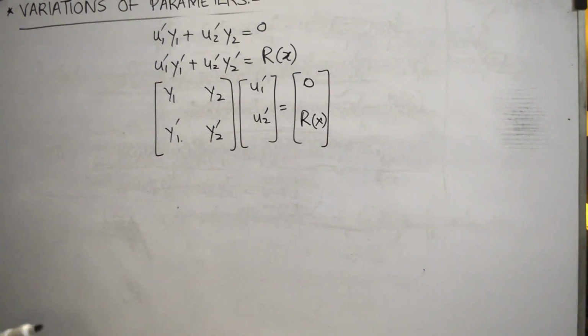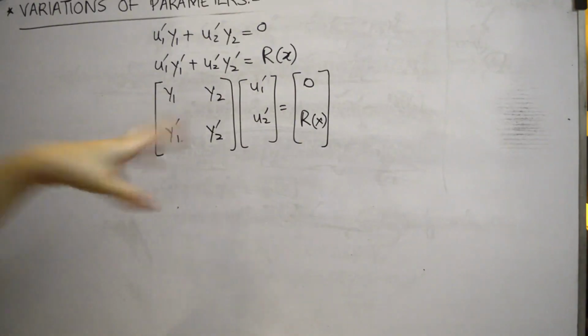Simple rule is this: you can use any method, simultaneous equations or echelon form or reduced echelon form, but I am using here the Cramer's rule.